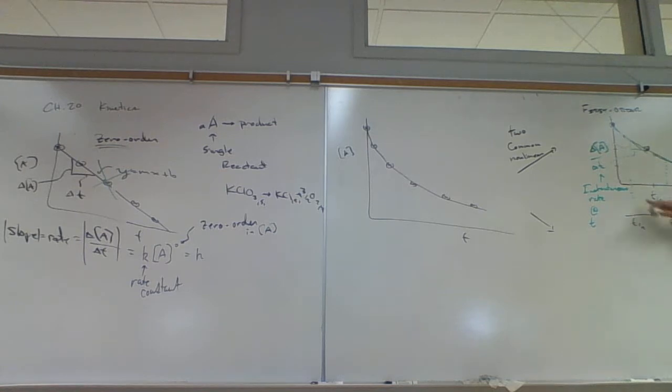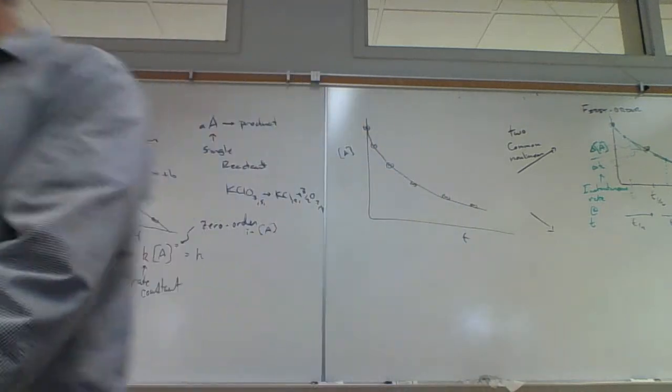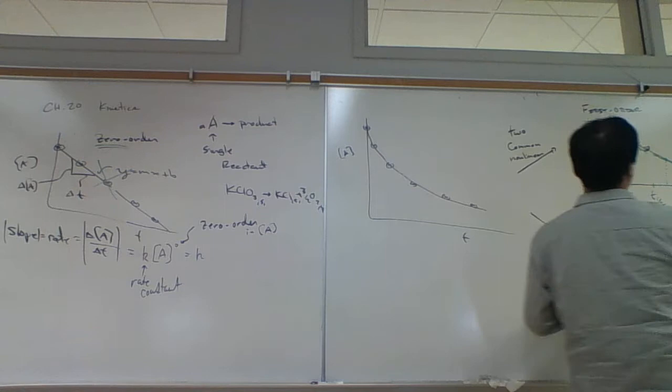Now, we have the instantaneous rate. We also have something called the average rate. And so if I pick these 2 points, we see that the rate here is double the rate there because the concentration is double. But the average rate is going to be the average of those two slopes. And so the average rate, we just connect these 2 points.